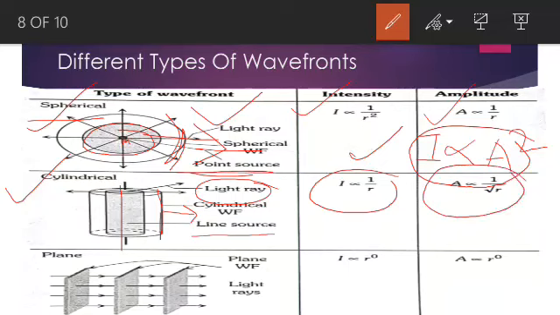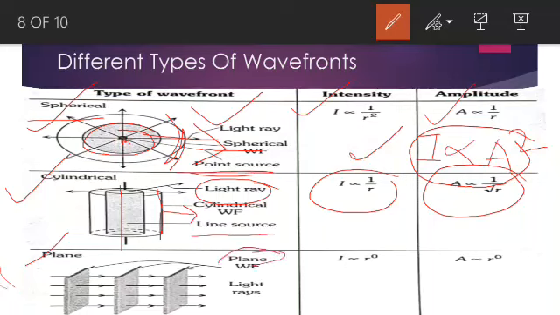Now in the third row we will see the plane wavefront. We said that if the light source is situated at infinite distance, then it will emit the plane wavefront.